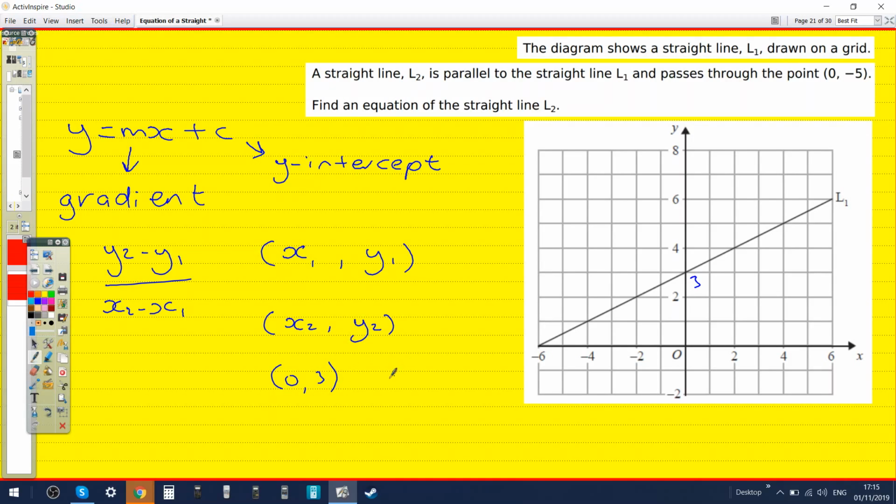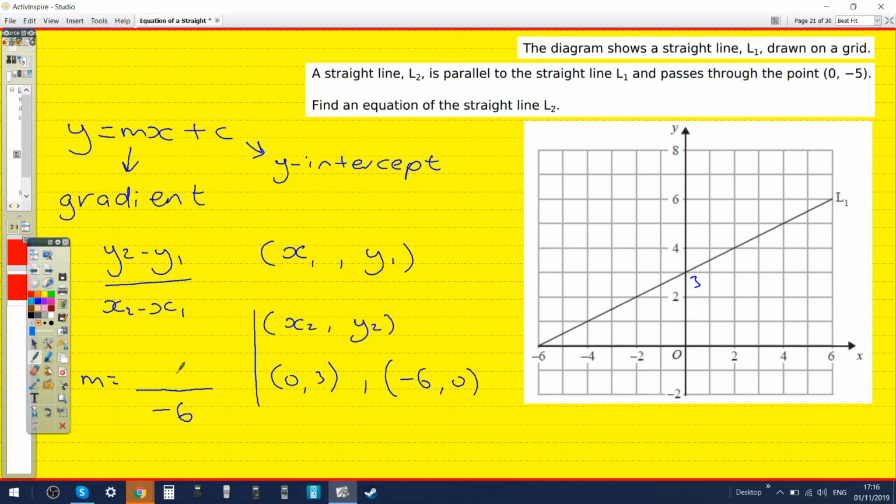And -6, 0. Yeah. Second y take away first y on top. Second x take away first x on bottom. So -6 is the denominator and 3 is the numerator.